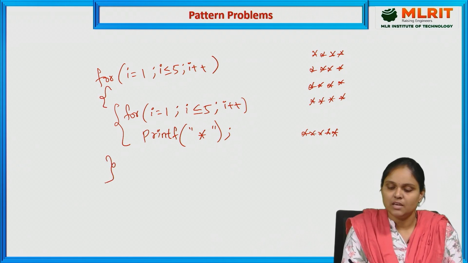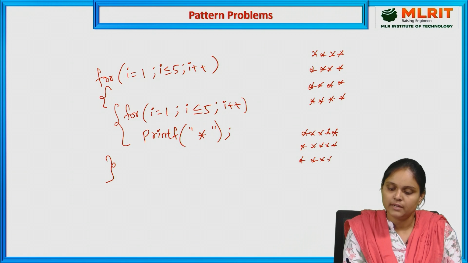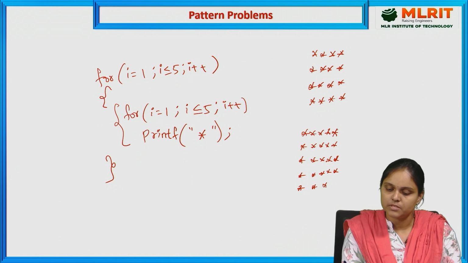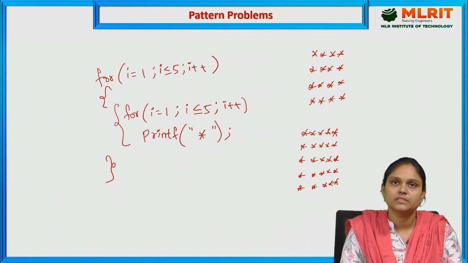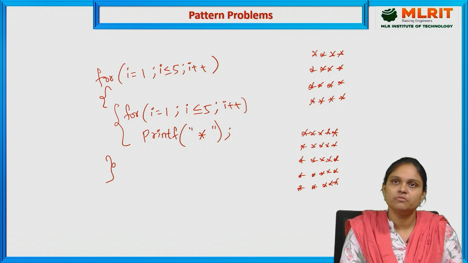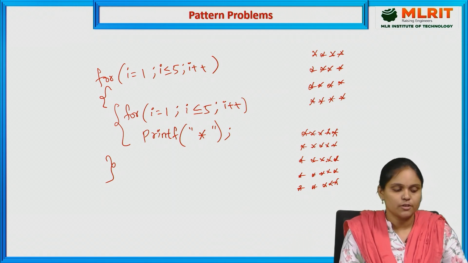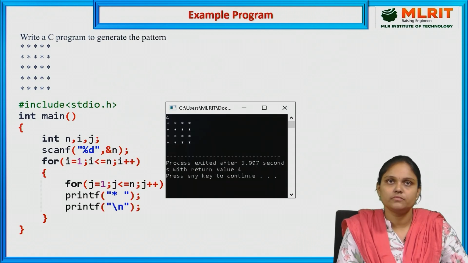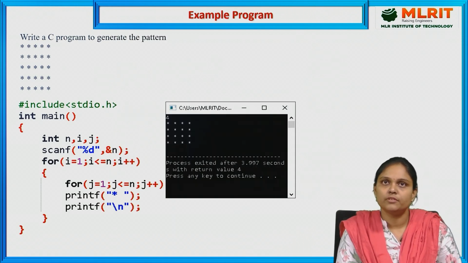So whatever the 5 stars we have got will be repeated for the next 4 times, so that we get the star pattern of 5 rows and 5 columns. So this is nothing but the nested for loop. By using a nested for loop, we can solve such kinds of problems.